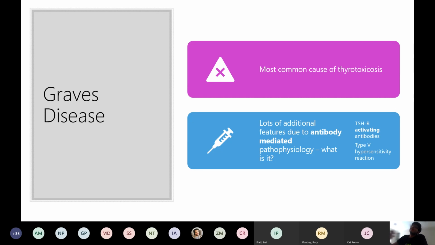Thyroid acropachy goes along with Graves' disease, which is the commonest cause of thyrotoxicosis. If anyone gets confused by the difference between hyperthyroidism and thyrotoxicosis, they're exactly the same. It's just a word we use interchangeably. And because you get this antibody-mediated disease pattern, you get these extra features like the exophthalmos and the ophthalmoplegia.